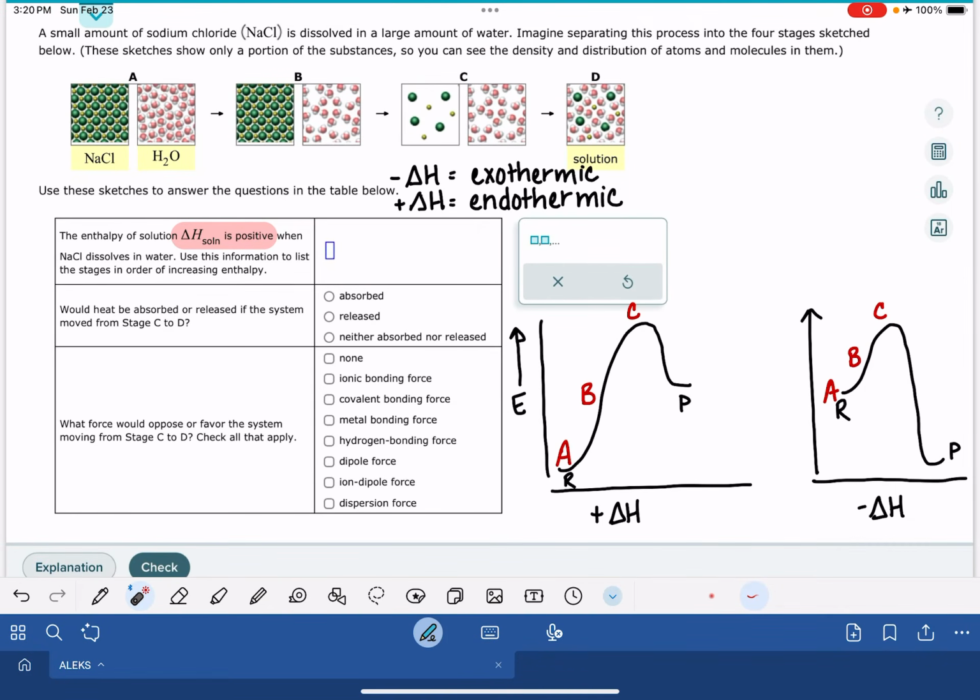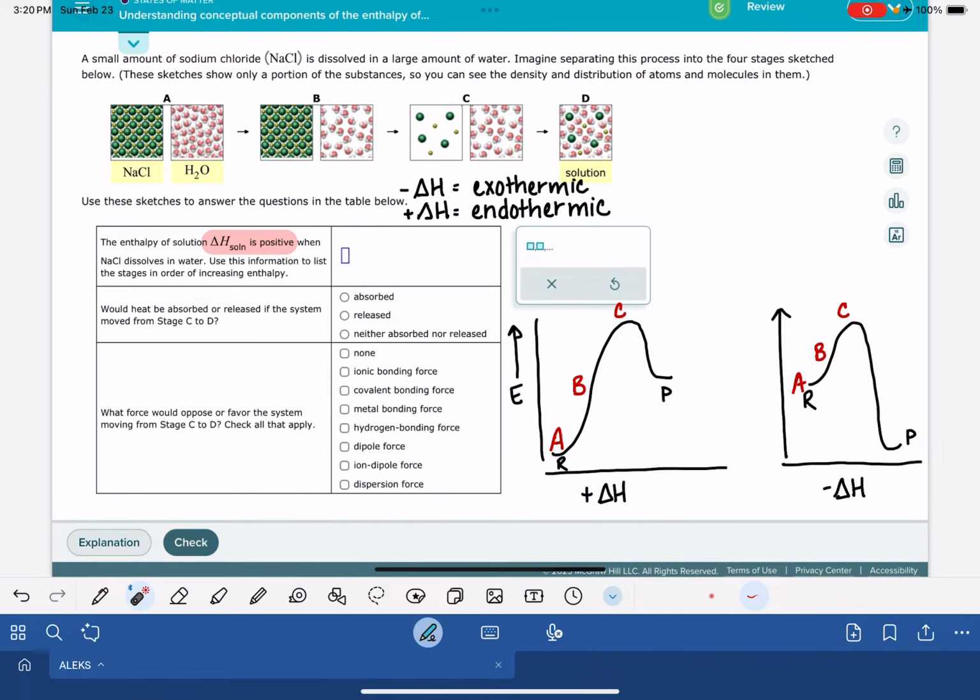Now, going from stage C to D, this is where the solute and the solvent are brought together and new intermolecular forces are formed, and that's going to bring us down to the products, the solution. I did a really bad job of drawing this diagram. I'm going to relabel it a little bit right here and here.